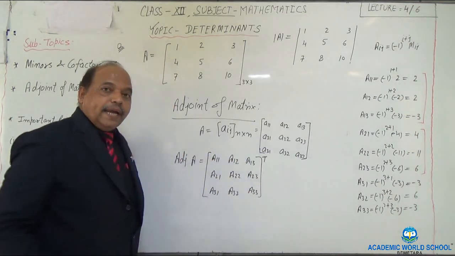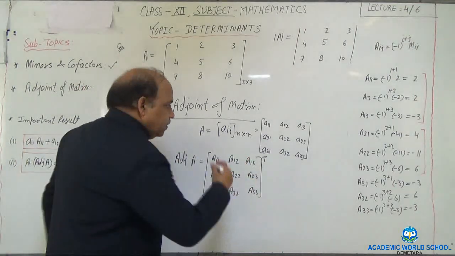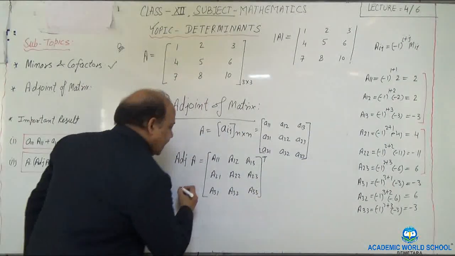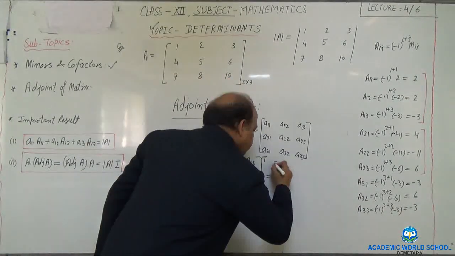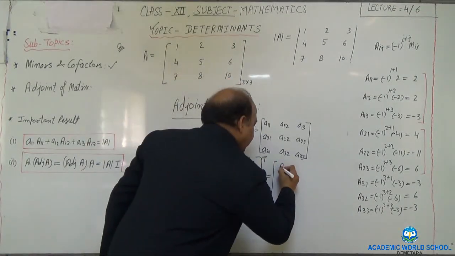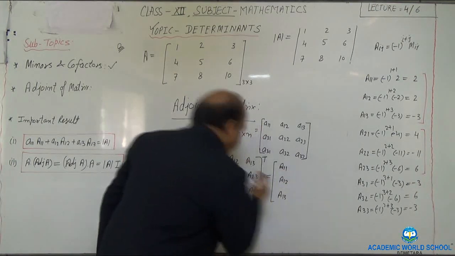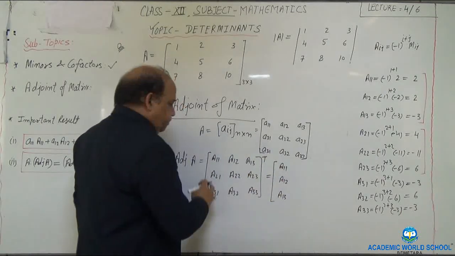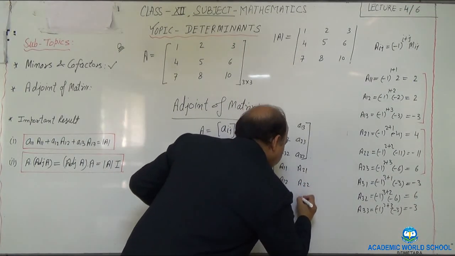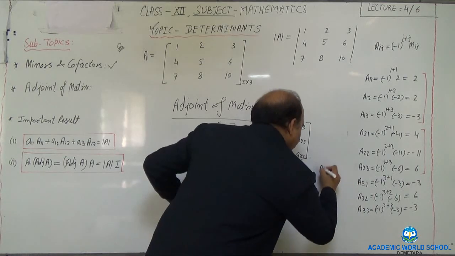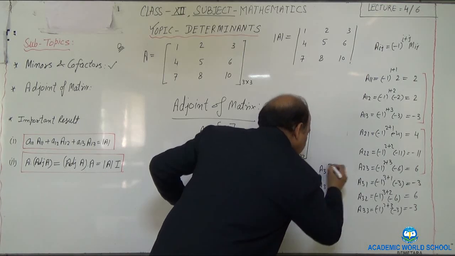So if I have to write the adjoint, this is not the adjoint. I need to write the transpose of that. So what will that be? I will write A11, A12, A13. This row becomes a column. Then A21, A22, A23, A31, A32, A33.